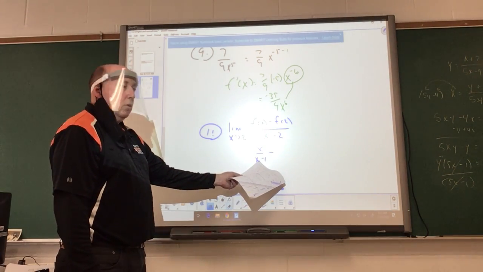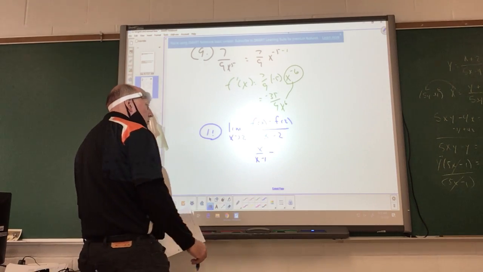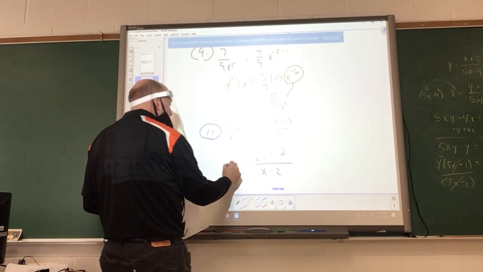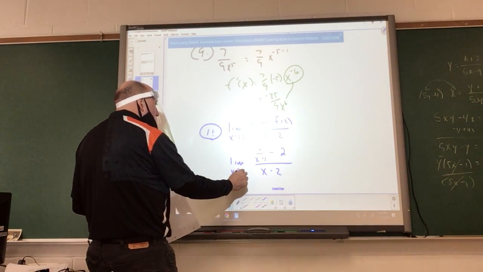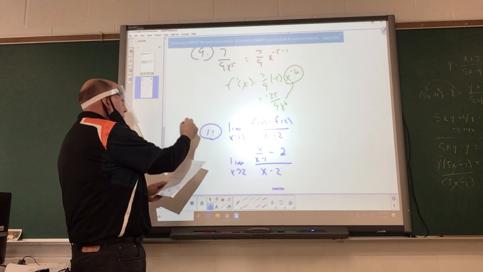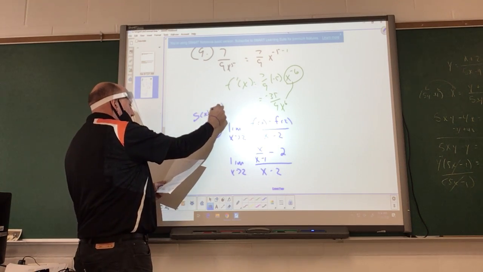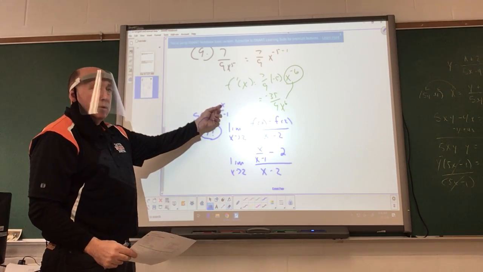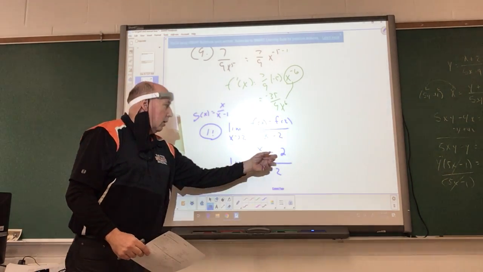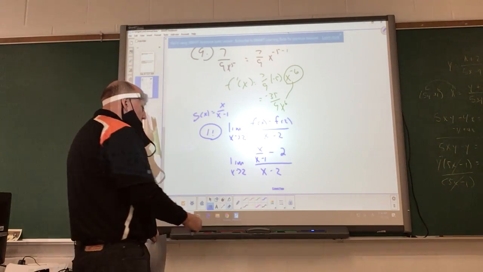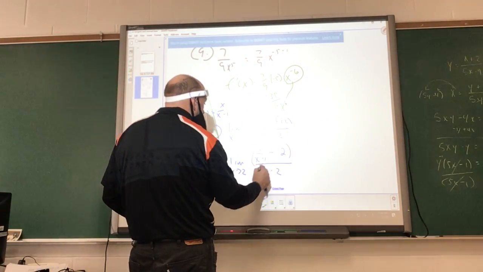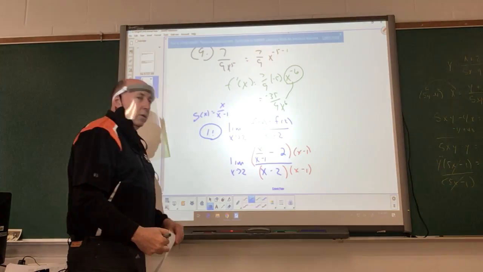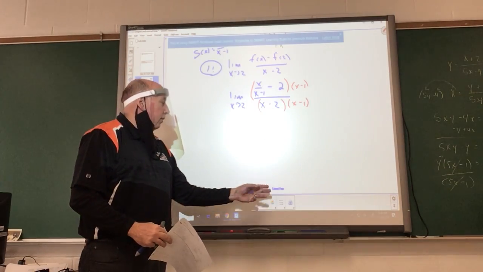Let's see, that would be 2 over 1. So we have a value of 2 over x minus 2. So we have 2 here, and then we have 2 minus 1, which is the value of 2. Multiplying through by x minus 1, x minus 1. You can always go back to definition to be able to find derivatives.